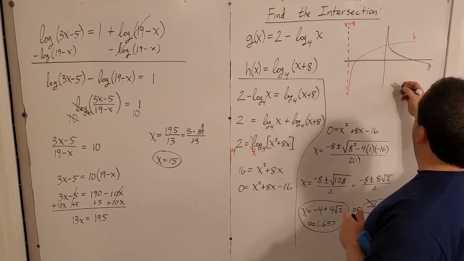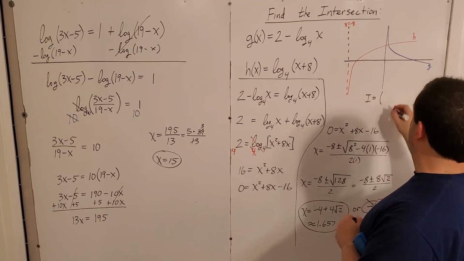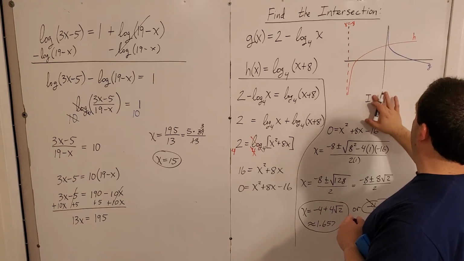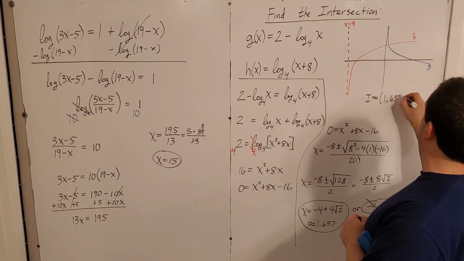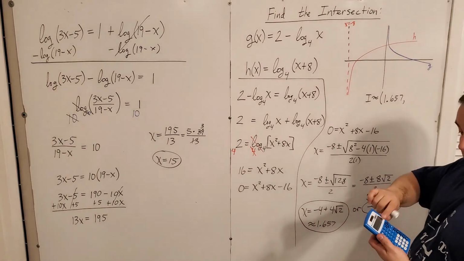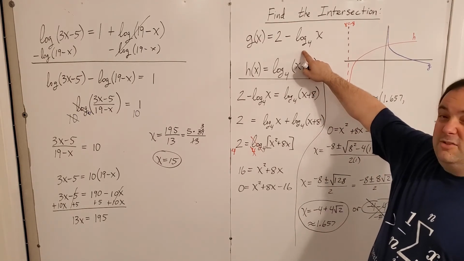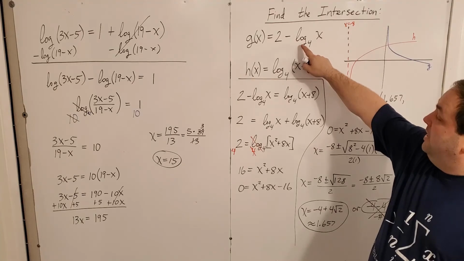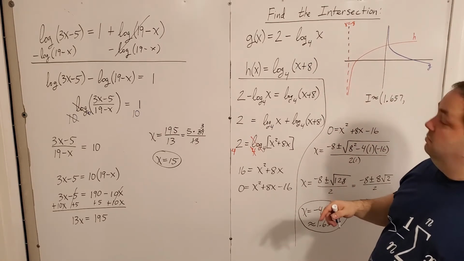So my intersection point there equals, and we'll do approximate, 1.657 comma. Now I'm going to take this as my previous answer in the calculator and just plug it in. Don't forget, I have to actually convert that, right? That's going to be the log of the number divided by the log of 4, okay?